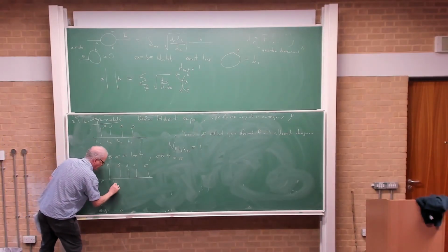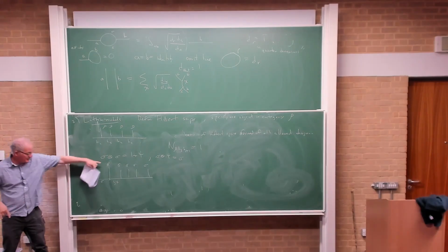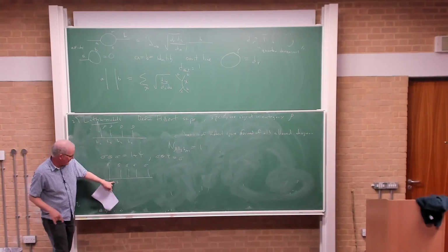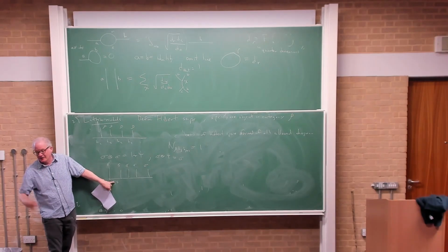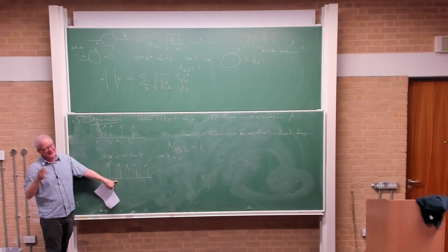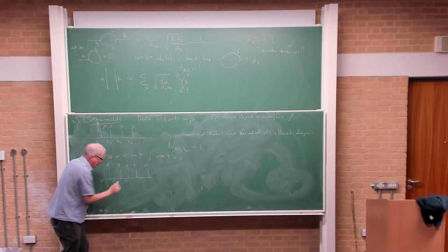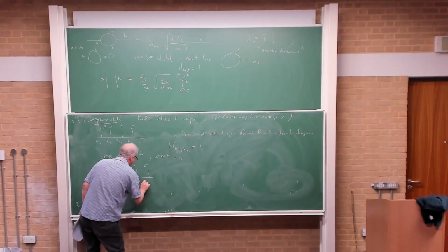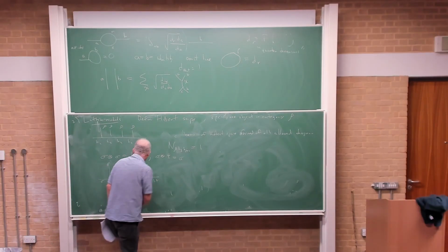Well, then this one has to be 1 or psi, because sigma times sigma is 1 plus psi. But then the next one, well, 1 times psi is psi. Sorry, I said 1 times psi is psi, but I mean 1 times sigma is sigma. But then sigma times psi is sigma. So this one has to be sigma. There's nothing else. And then repeat, this one can be 1 or psi. Sigma, 1 or psi.